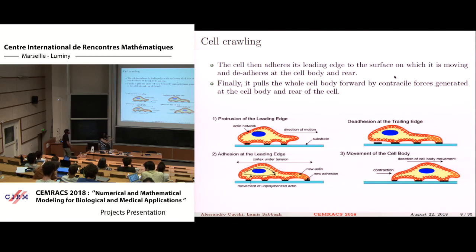And finally, the cell moves the whole body due to the forces at the cell body and the cell substrate rear.